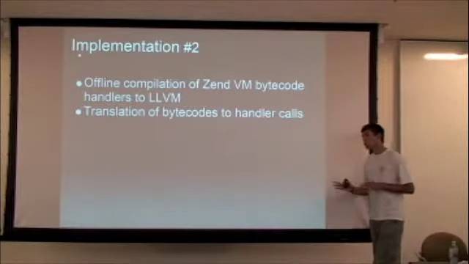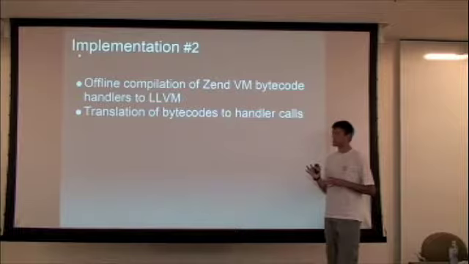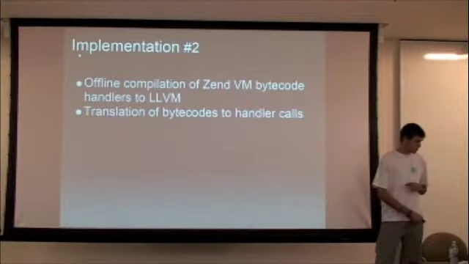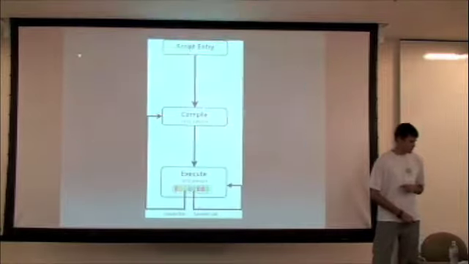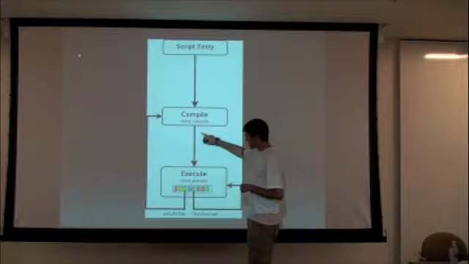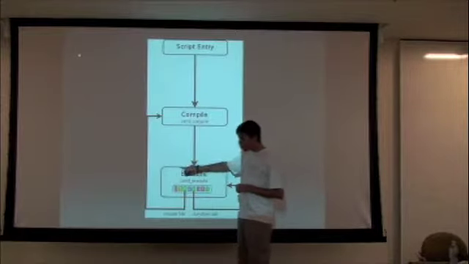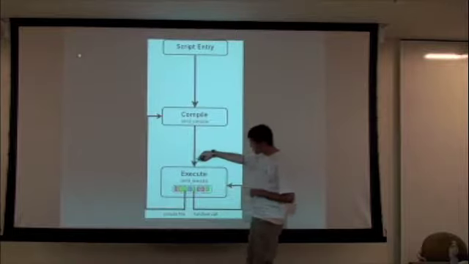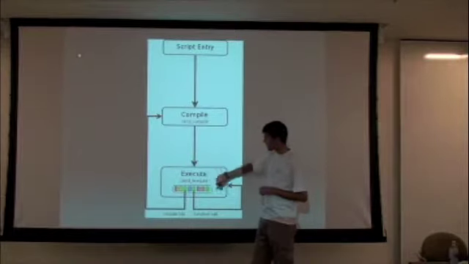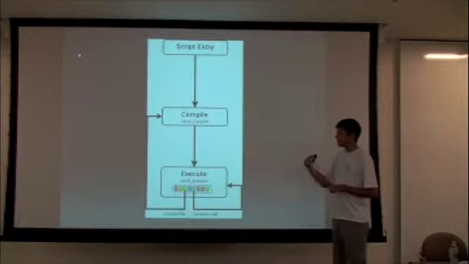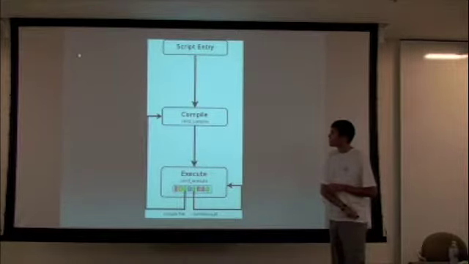Then we translate each bytecode to its handler call, which you'll see. So we receive the bytecode, and then we replace this function so that we can JIT compile things.